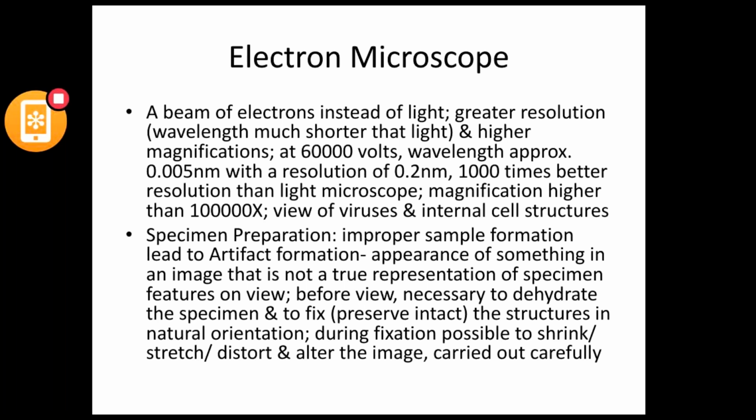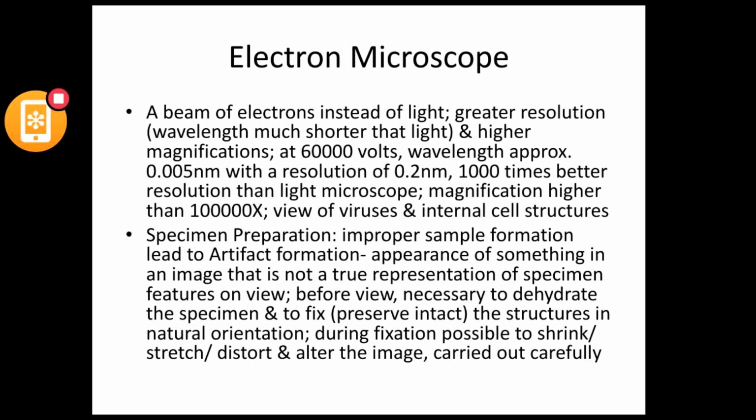In electron microscopy, we are going to observe the internal structures of a cell. As a result, we have to make sure that we prepare the specimen properly, dehydrate it, that is, remove all the water content, and fix it properly so that we can observe the internal cell structures intact and clearly.